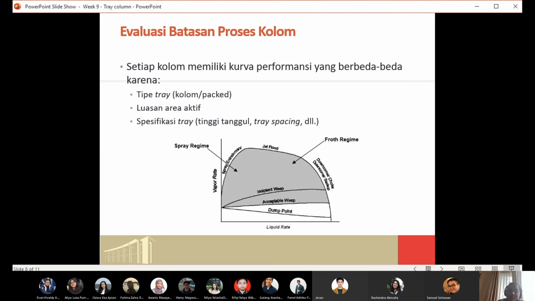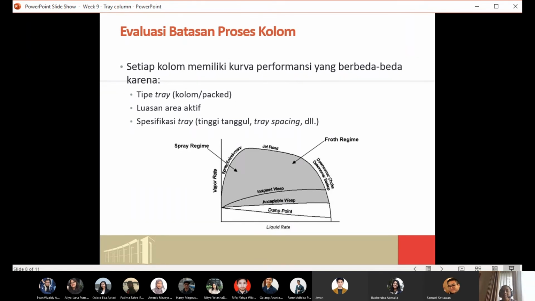Because the vapor rate is too low, the liquid can penetrate through the holes and go down from the top side to the bottom side, not coming from the downcomers but also going down through the holes. This is actually not an ideal condition.